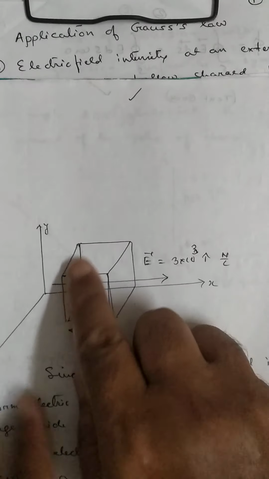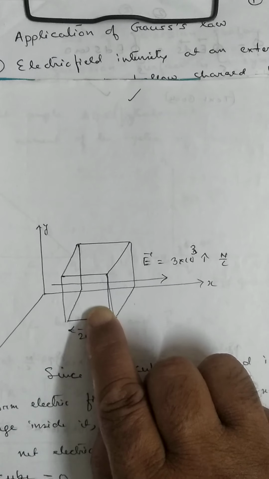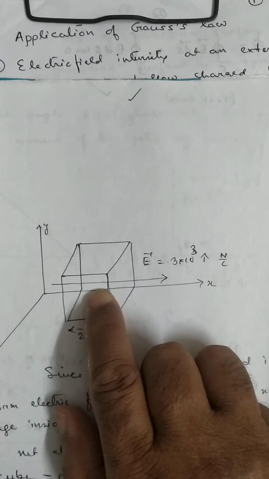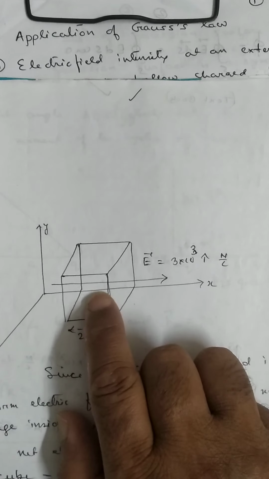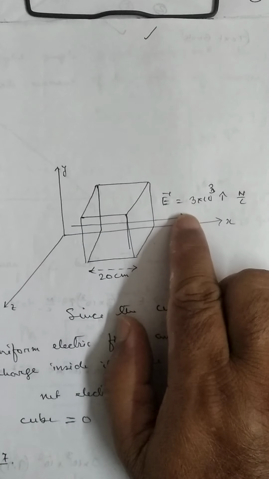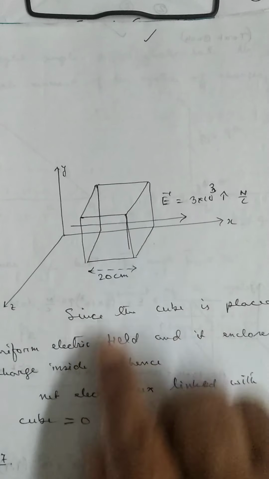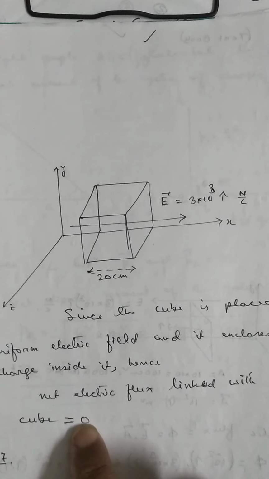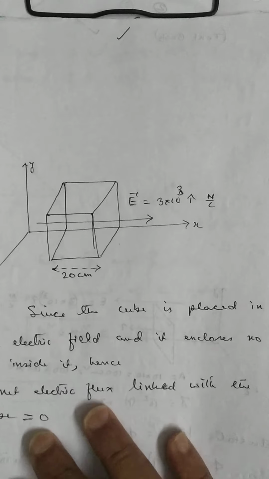Okay, so in this numerical, this is the closed surface, this is the closed body, this is a cubical body. Inside the cube, what is the charge associated with it? What is the charge inside the said cube? The cube is placed in a uniform electric field but inside the cube there is no charge. Since there is no charge, the net flux linked with the cube is equal to 0. What is phi? Phi is equal to q by epsilon 0.